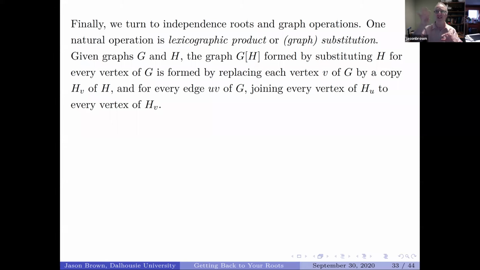So you can think of it as replacing vertices by these copies of H. When there was an edge in G between two vertices, we throw in all the edges in between. And when there wasn't, we don't throw in any of the edges.